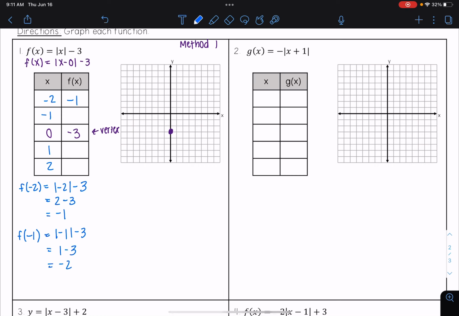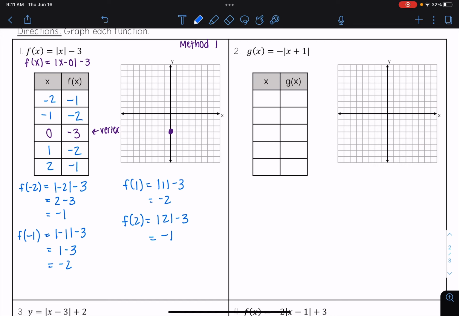And I get negative 2. Now plugging in 1, I get the absolute value of 1 minus 3, which ends up being negative 2. And f of 2, I get absolute value of 2 minus 3, which is equal to negative 1.